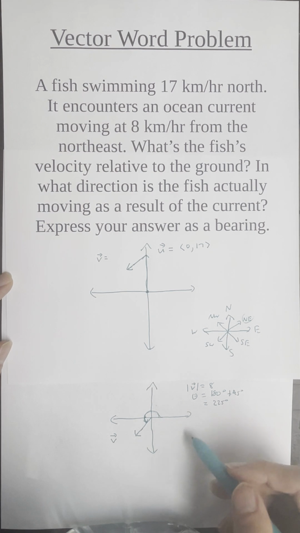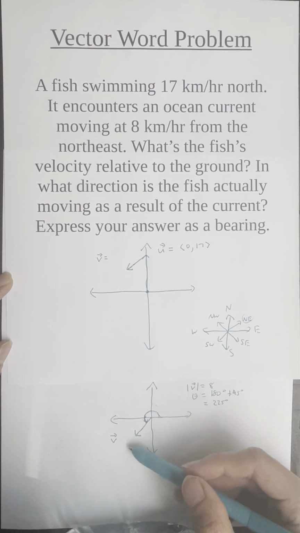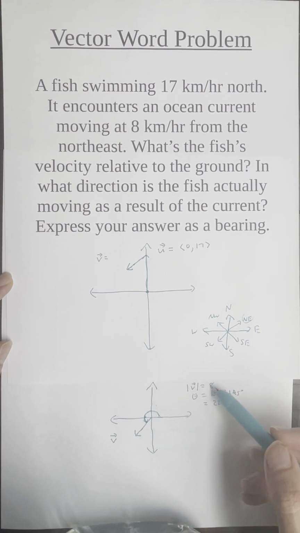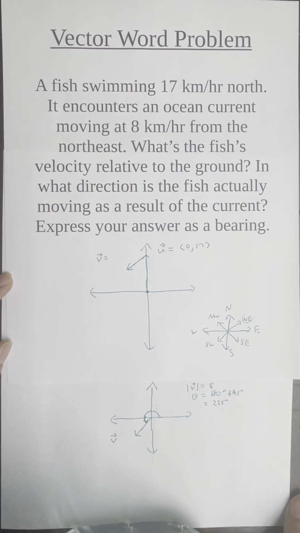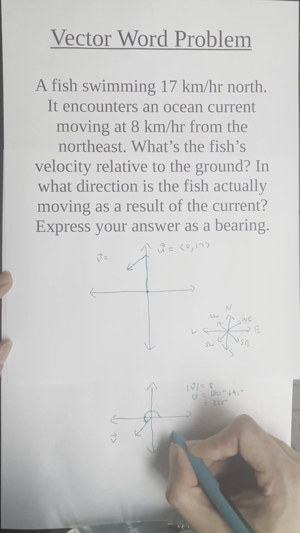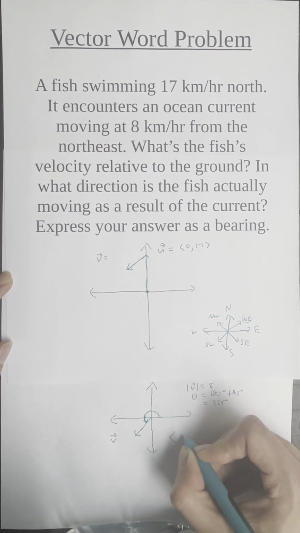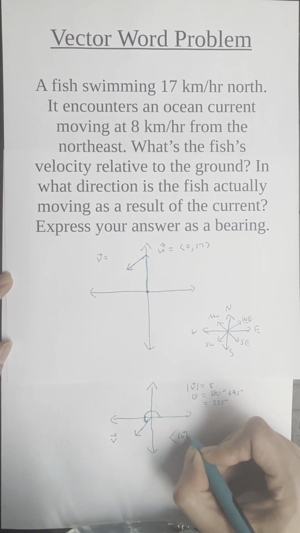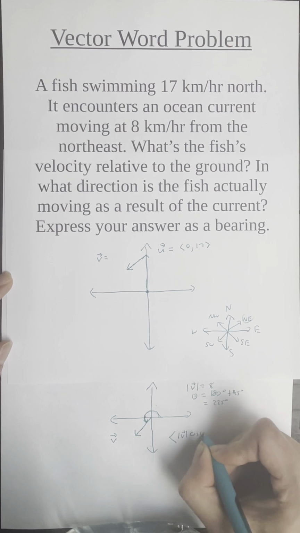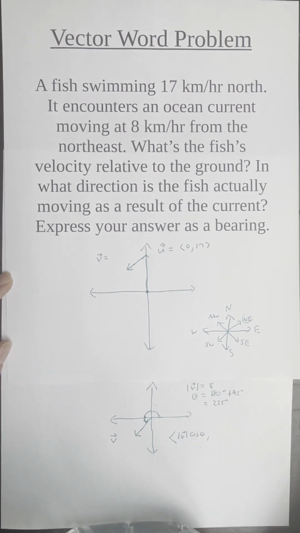Okay, now what's the formula to find the components of vector v if you know the magnitude as well as the angle? So it's going to be magnitude times cosine theta, and what else?